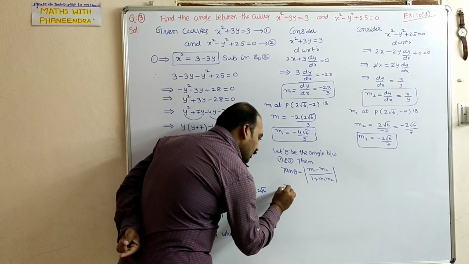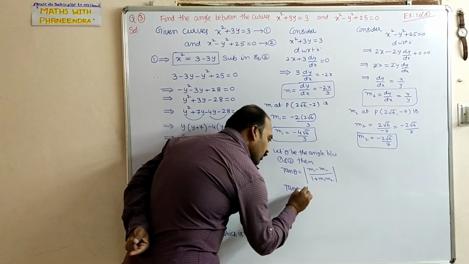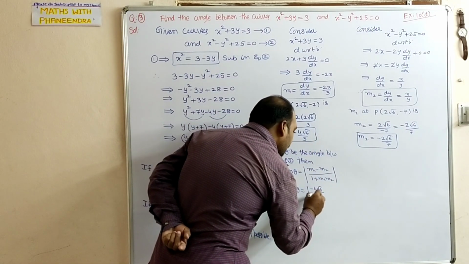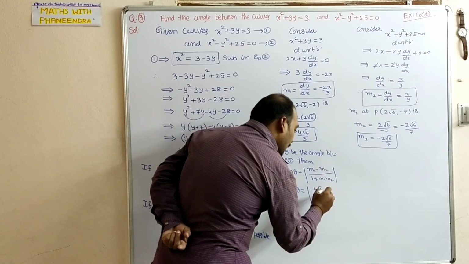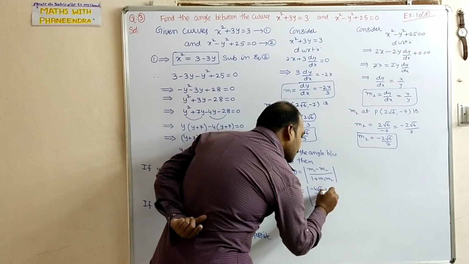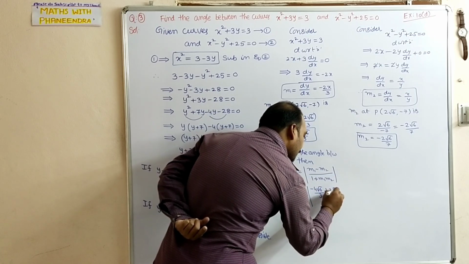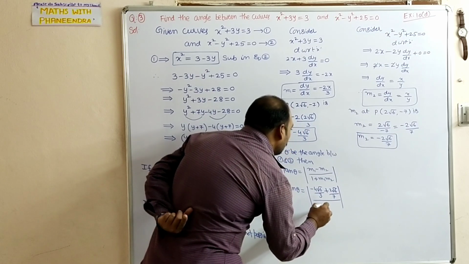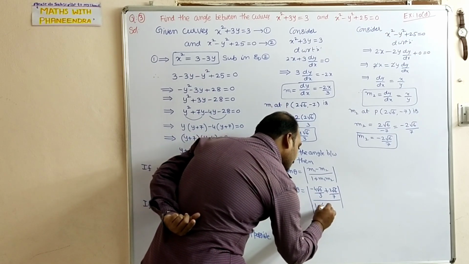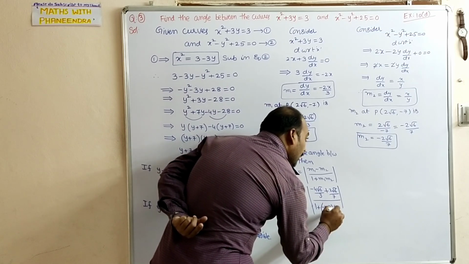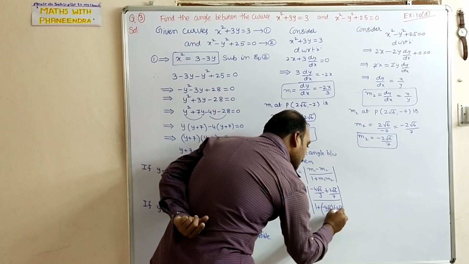So tan theta equal to mod of m1 minus m2: minus 4 root 6 divided by 3 minus minus 2 root 6 by 7, that means plus 2 root 6 by 7, divided by 1 plus m1 m2: minus 4 root 6 divided by 3 into minus 2 root 6 divided by 7.